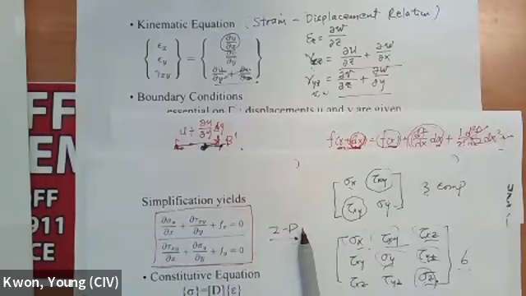Instead of solving 8 equations for a 2D problem, which is difficult, they combine them.